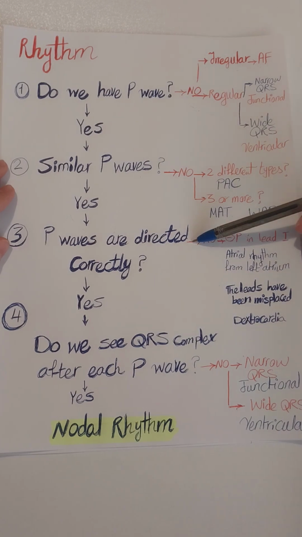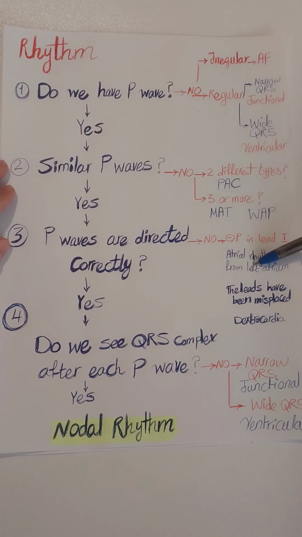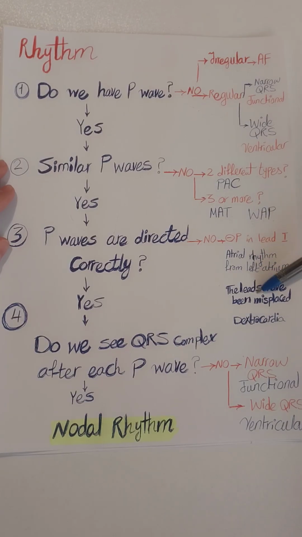But the problem happens when our P wave is negative, for example, in lead 1. In this case, 3 options happen for us. Maybe we have atrial rhythm originating from the left atrium, or the leads have been misplaced, or we have dextrocardia.